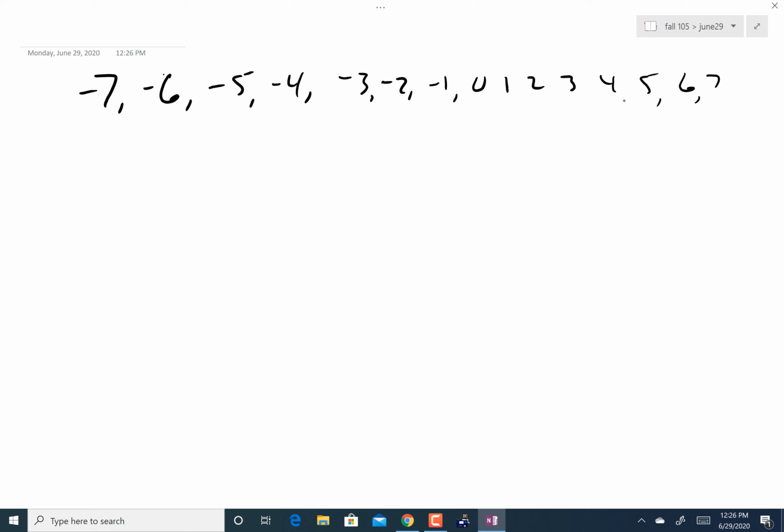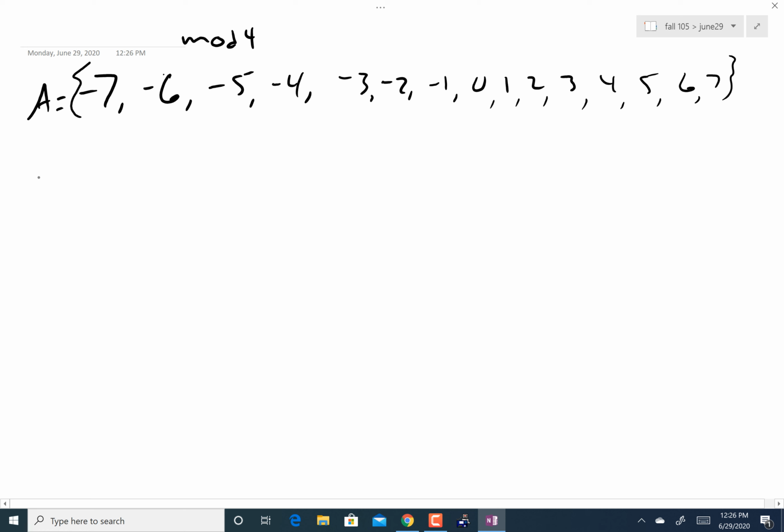For instance, suppose you had these numbers. The equivalence classes on A under mod 4.